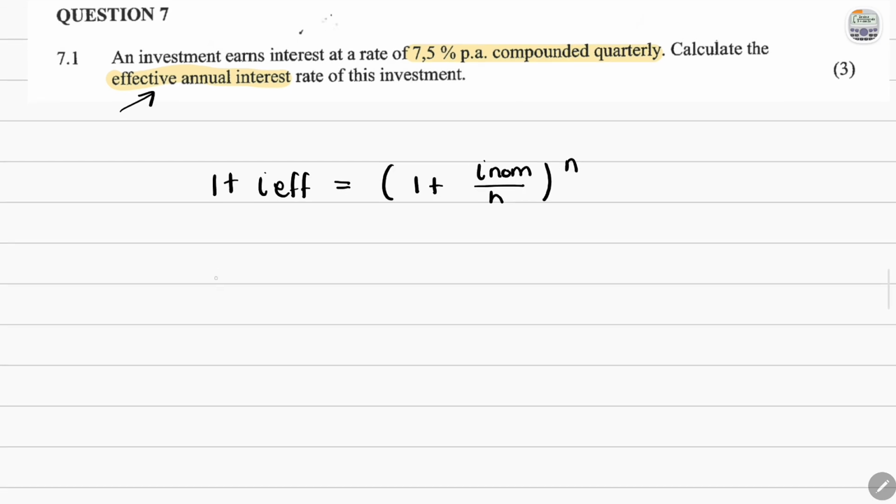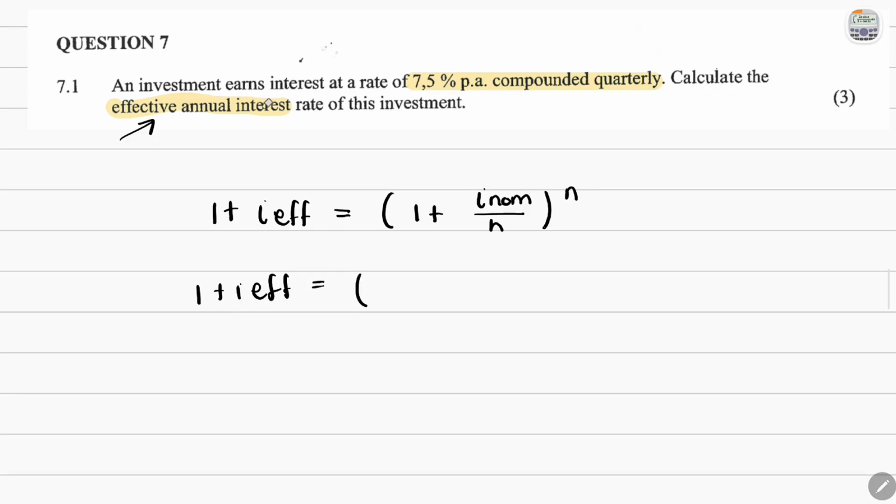Okay, so we're finding the I effective and what is the nominal we were given. We were told that the investment earns interest at the rate of 7.5% per annum compounded quarterly. You will notice that the nominal will always have a compounding: quarterly, monthly, semi-annually, and so on.